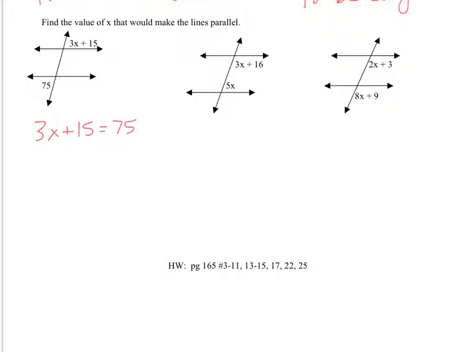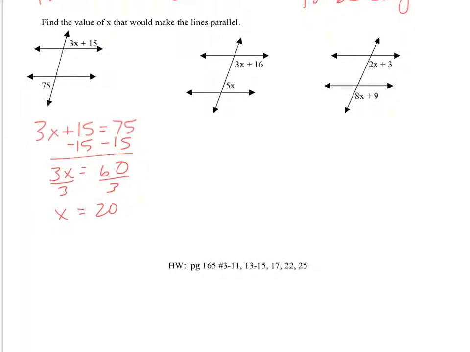I get that because these 2 are alternate exterior angles, and alternate exterior angles are congruent. So minus 15 on both sides. So 3x equals 60. Divide by 3, and x would have to equal 20 for those 2 lines to be parallel.